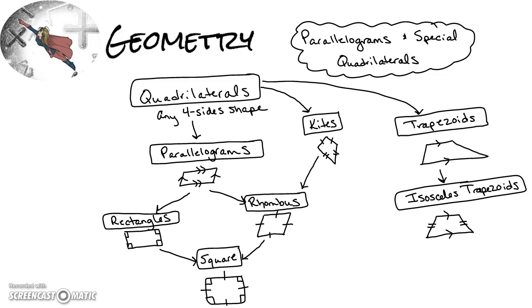Now how this flowchart can really help is in the always, sometimes, never questions. So for example, if they say a square is a rhombus, we can say always.